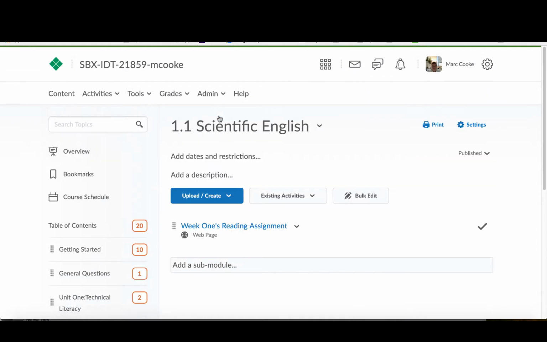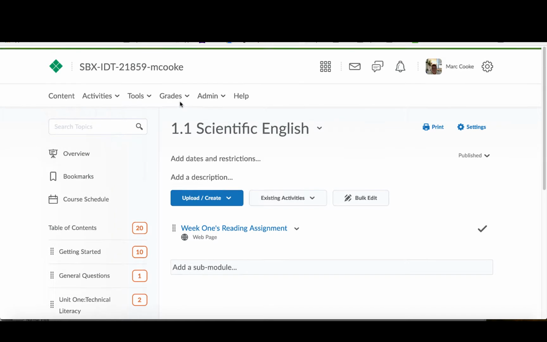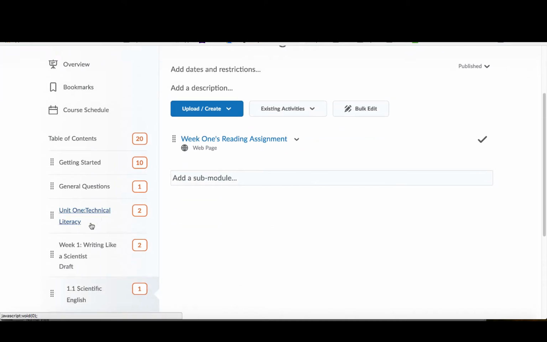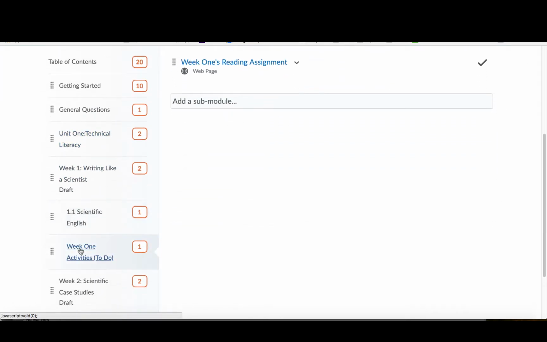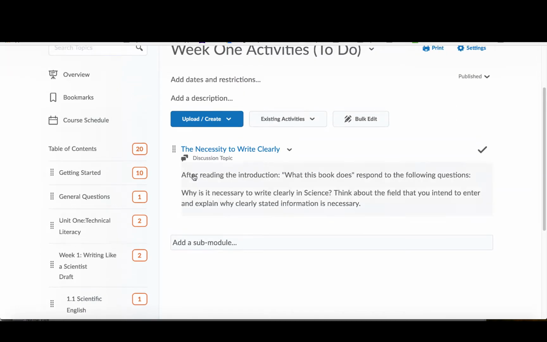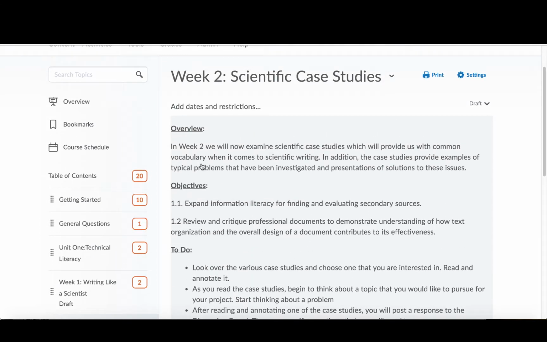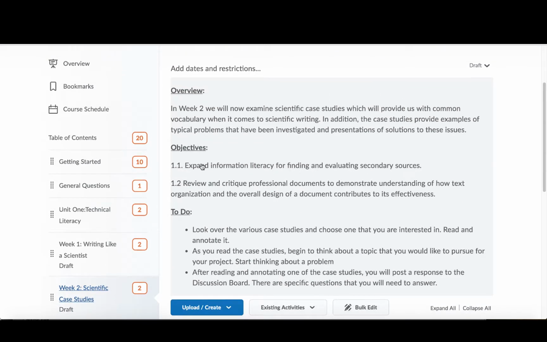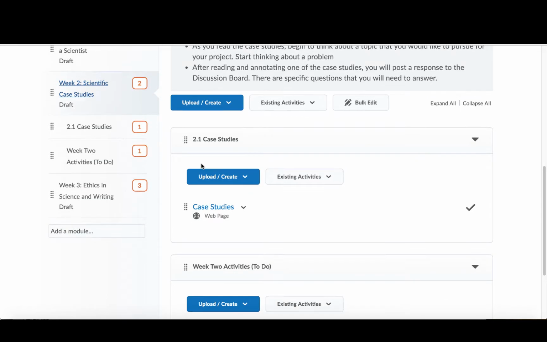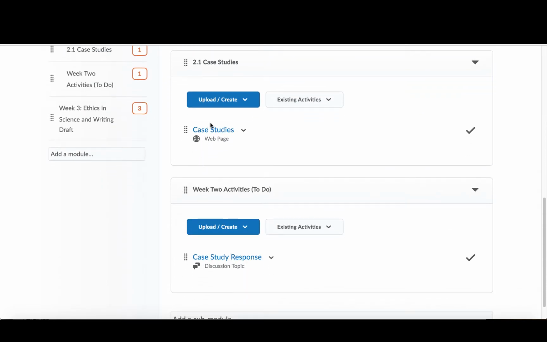If you go back across to the breadcrumb, there is a to-do list, and that is just a formative necessity to write clearly activity, and it's a discussion board. Under week 2, it is organized the same way with an overview, the objectives, and this deals with case studies.